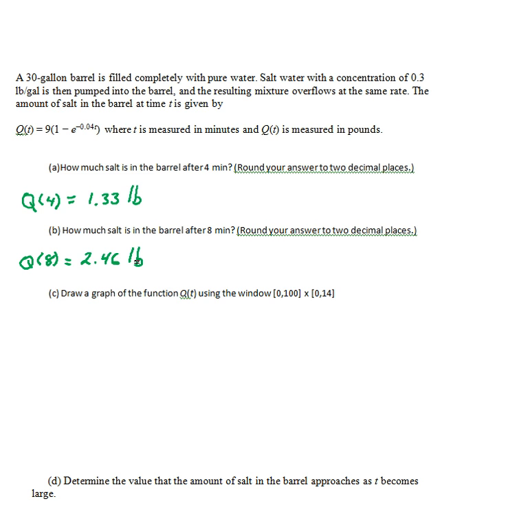Now we're asked to draw the graph of the function, and notice that our function, let's write it down again, Q of t equals 9 times 1 minus e to the negative 0.04t.